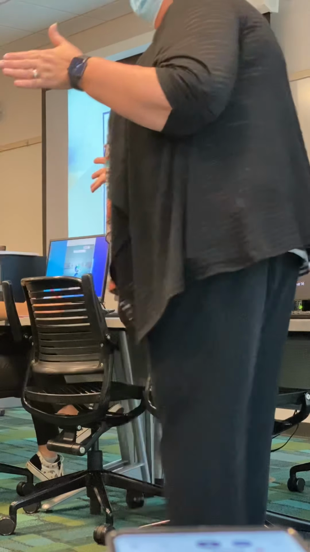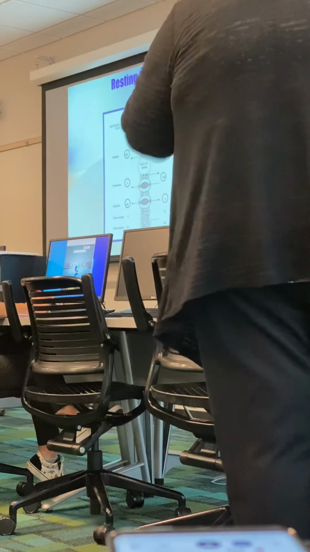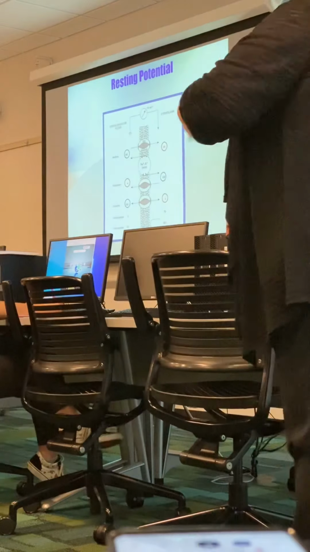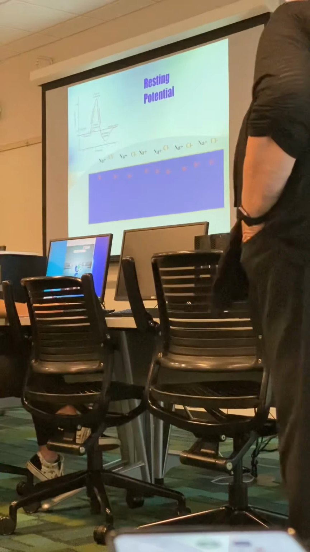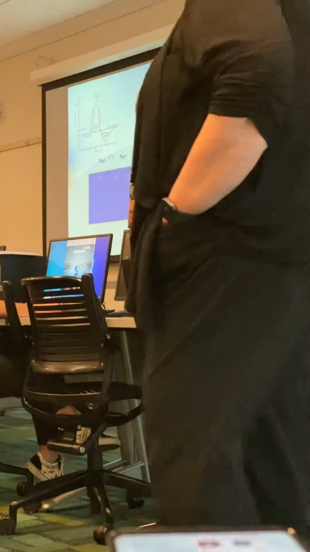So during resting potential, the majority of the sodium and chloride is on the outside, and the majority of the potassium is on the inside. That's resting potential. Okay? All right, so this blue block here is a neuron. This is the extracellular environment that has the sodium and the chloride in it. This is inside the neuron where we have the potassium.